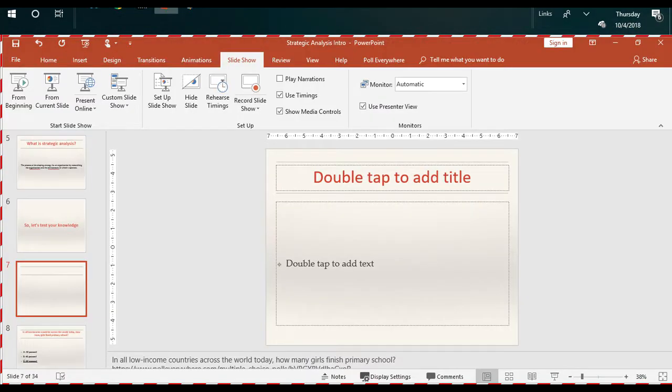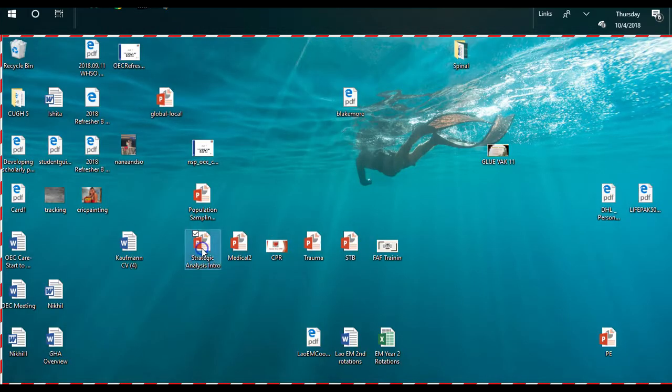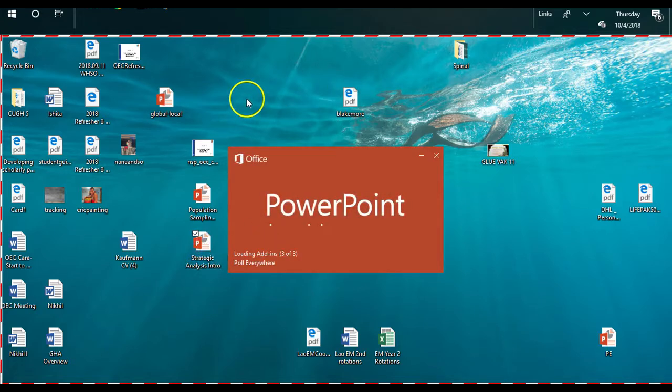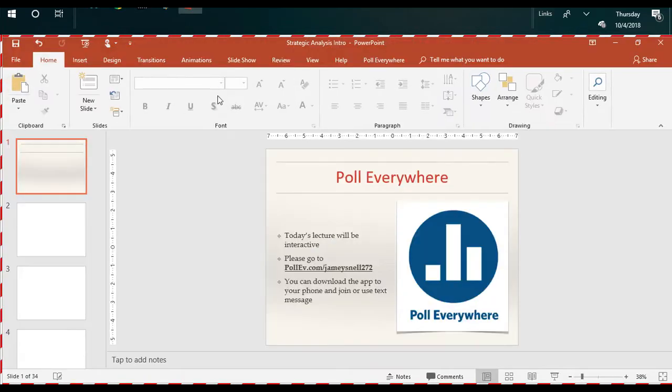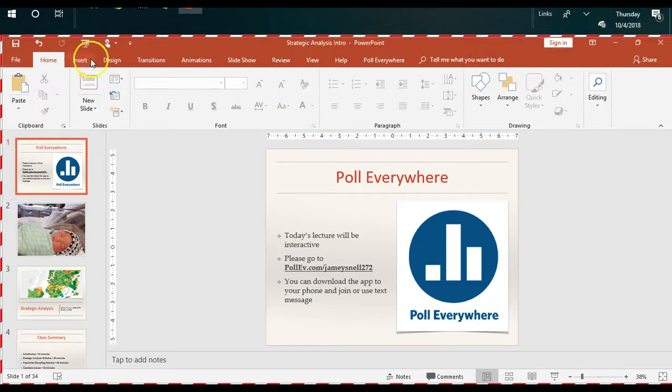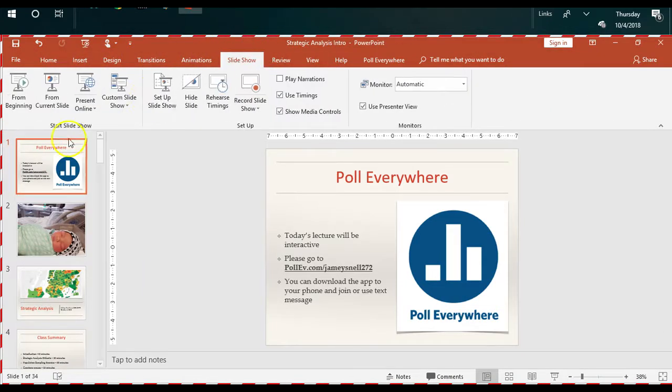This is the strategic analysis one. Why didn't it work? Let's try it one more time. Opening it up. Hang with us. It just gives you a little bit more time to download the app. All right, let's try this one more time.